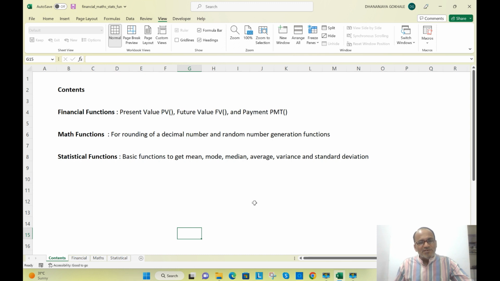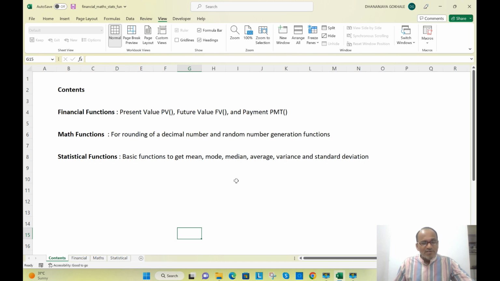In statistics, we'll take a look at mean, mode, median, average, and variance and standard deviation. Those of you who are familiar with statistics will find it very useful because they are very easy functions and you get these parameters quickly.